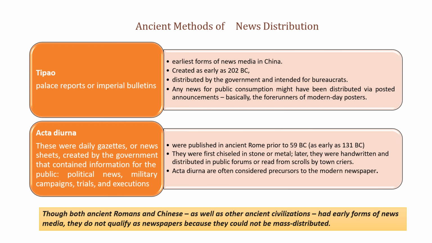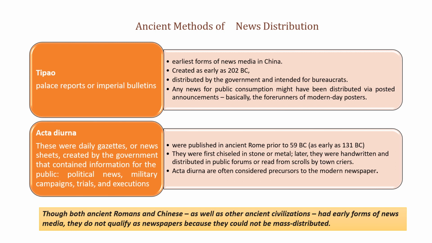They could know about the policies of the government. It was not for public consumption, but for the bureaucrats to know about the day to day functioning of the government. And these were known as the palace reports or the imperial bulletins. Any news for public consumption might have been distributed via posted announcements, basically the forerunners of the modern day posters.